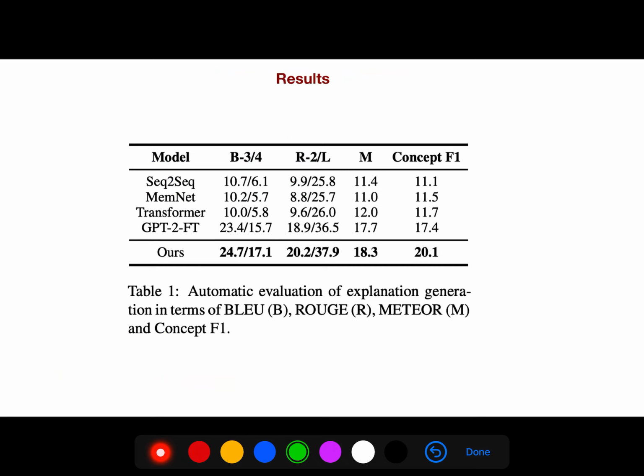And these are the results. This is the algorithm that I explained, and you can compare it. It's much better than just a sequence-to-sequence model, by 10%.